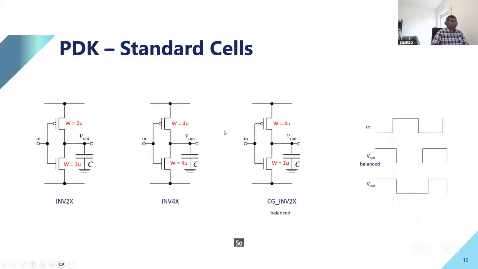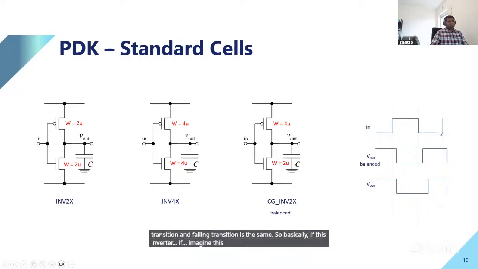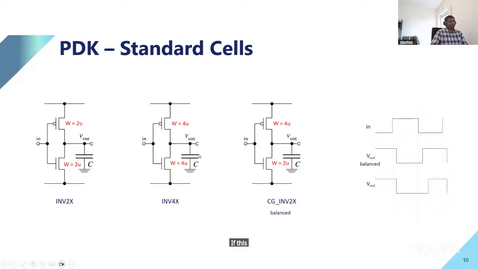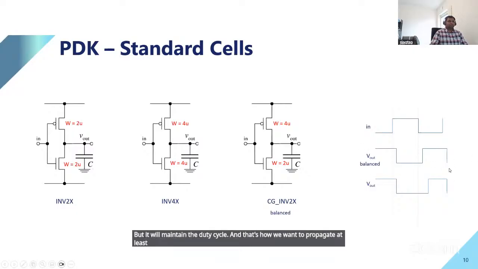These cells are designed so that the response to the rising transition and falling transition is the same. If this is a clock and it goes through this balanced inverter, it will get a little bit drifted because of the intrinsic delay of that inverter, but it will maintain the duty cycle. That's how we want to propagate clock signals.